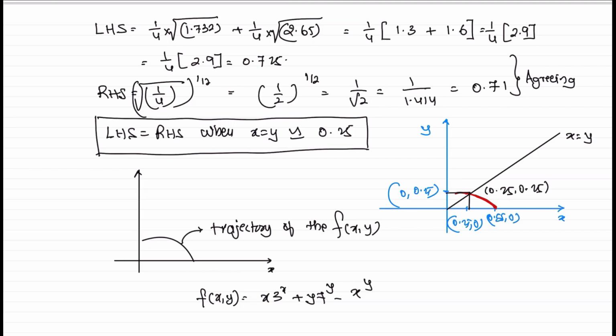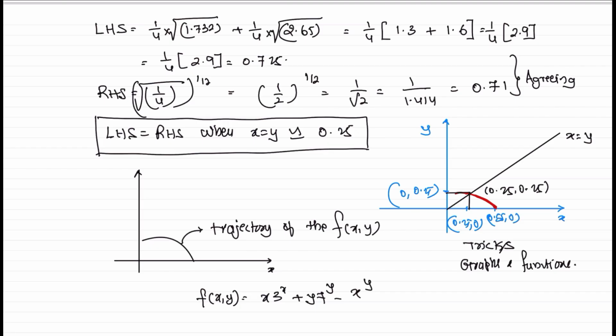This is one of the most important tricks you are supposed to understand while doing the questions in graph theory. Graphs and functions. Very, very important. I will be dealing in future in my lectures with this type of questions often.